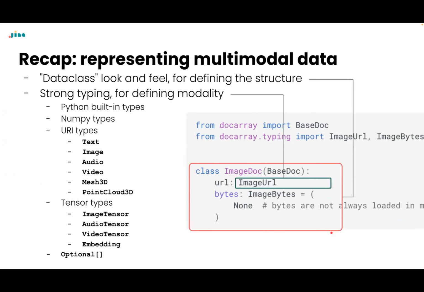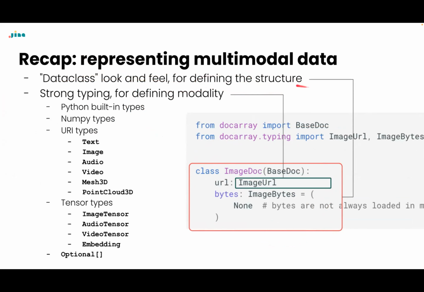Okay. So a quick recap of what we have learned so far about representing multimodal data using DocArray. It gives you a data class look and feel. If you're familiar with Python data class, then this kind of design pattern should be very familiar to you.